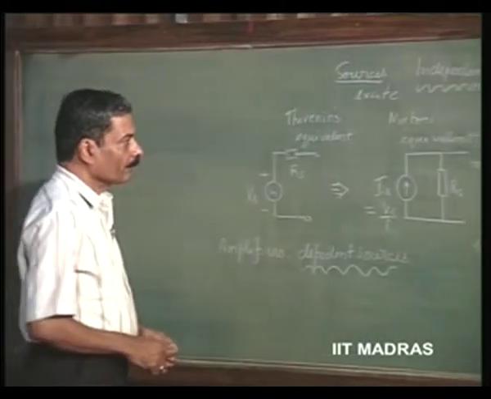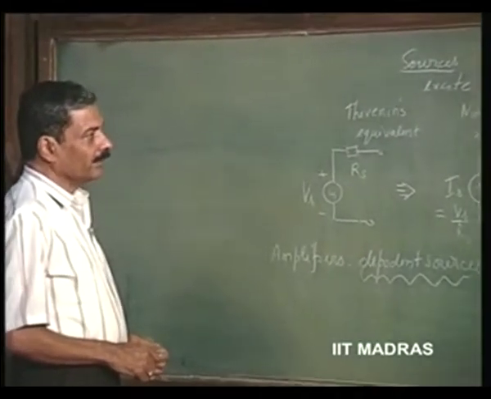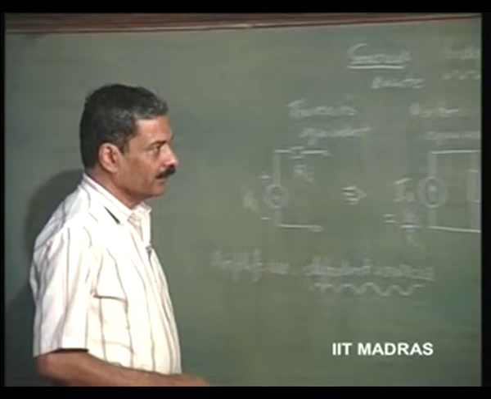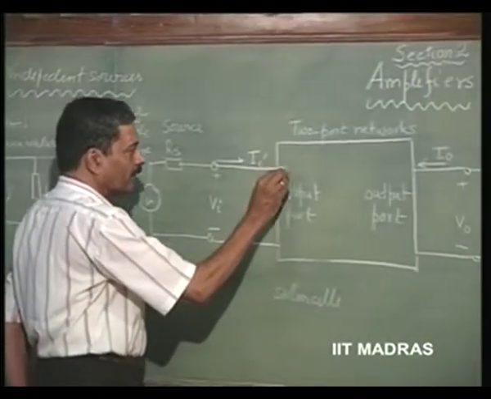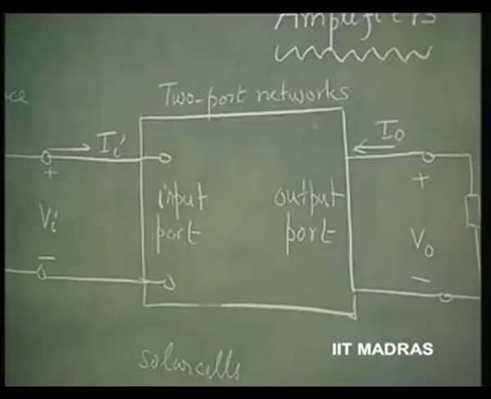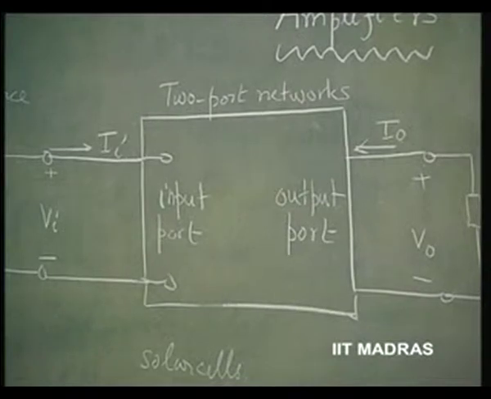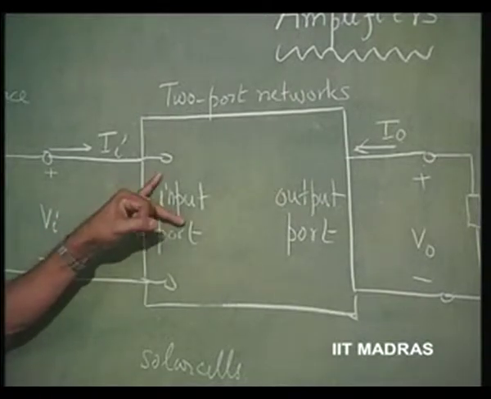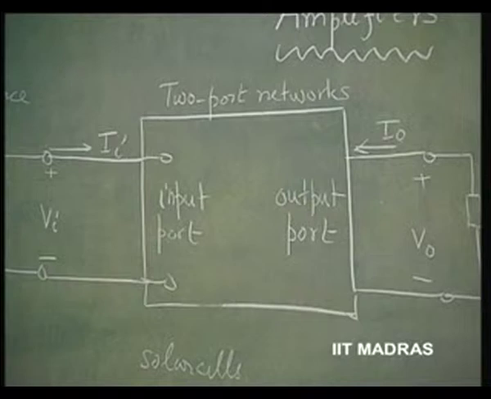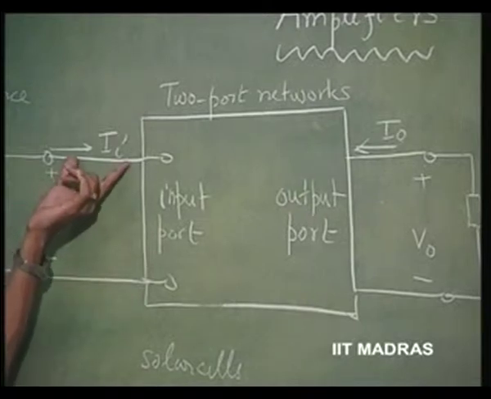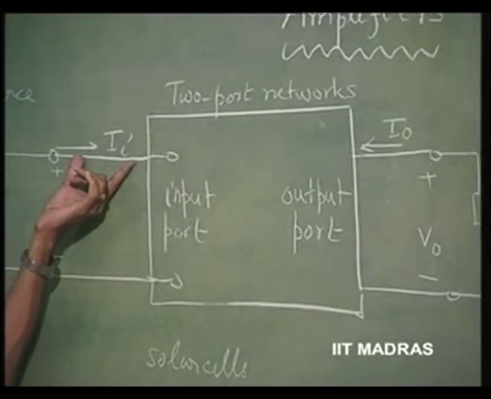Consider an ideal situation here, that this is an open circuit. This is an ideal situation now I am talking of. This is an open circuit, in which case I is automatically 0.